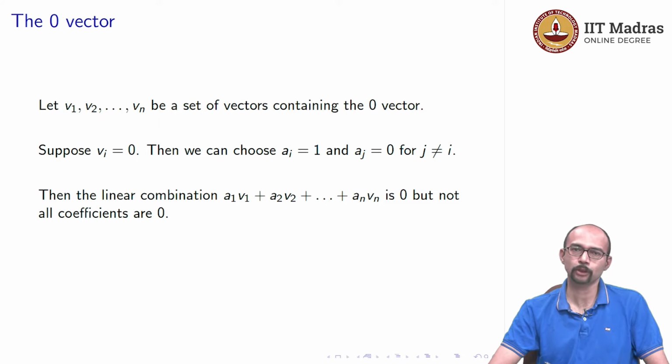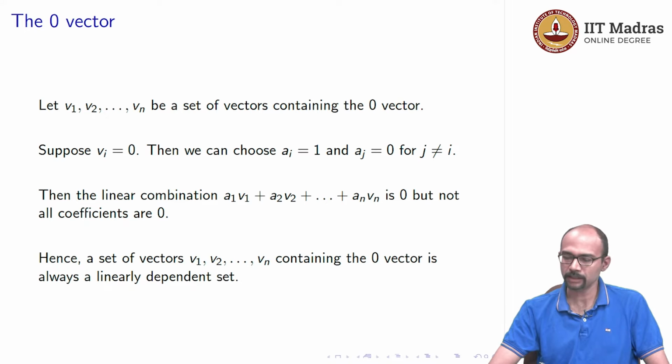So, ai times vi is also 0. So, for each of these terms a1 v1, a2 v2 etc. up till an vn, each term is 0, hence the sum is also 0. So, the linear combination is 0, but of course, all the coefficients are not 0 because ai is 1, right. So, one of the coefficients is 1. So, not all these coefficients are 0.